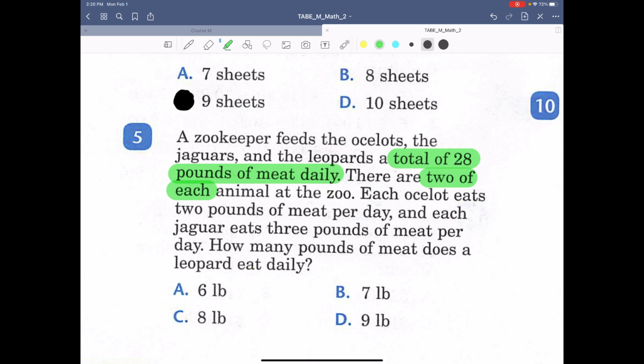Each ocelot eats 2 pounds of meat per day, and each jaguar eats 3 pounds of meat per day. So how many pounds of meat does a leopard eat daily?